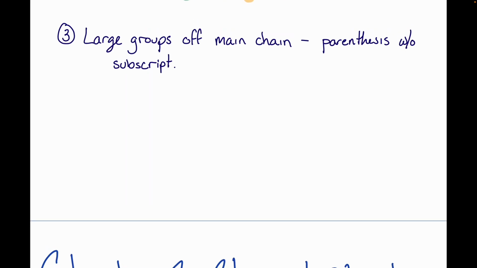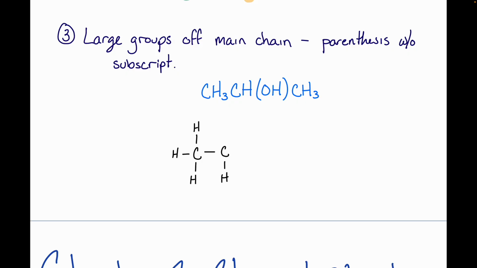So for example, if we had CH3CH and then in parentheses OH CH3. Now there's no subscript on the outside here, so it's telling me that this OH group is pointing off of the main chain. So if I'm going to draw my structure here, I have one CH3. I get to my next one, CH, and now I'm going to include that OH pointing off of that main chain before I get to my next CH3.